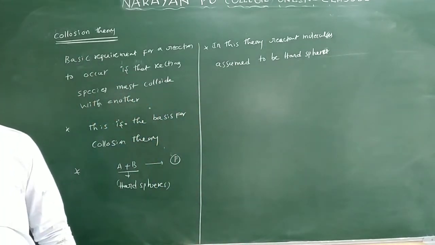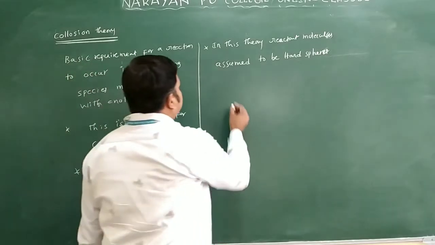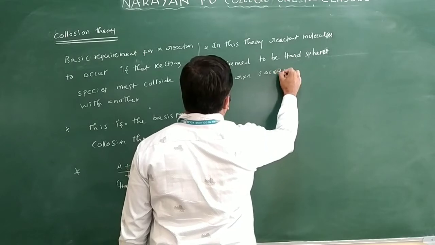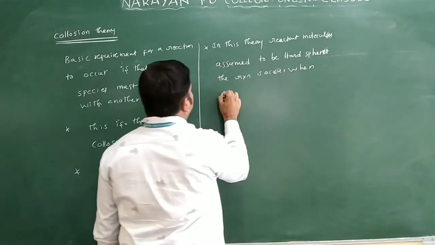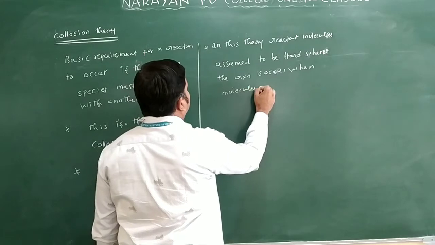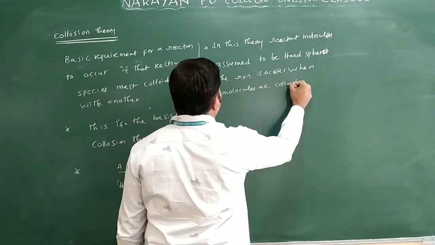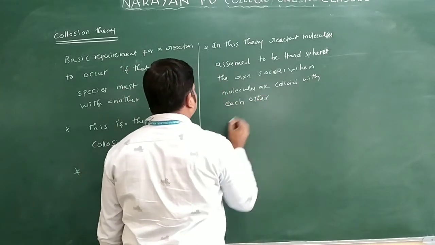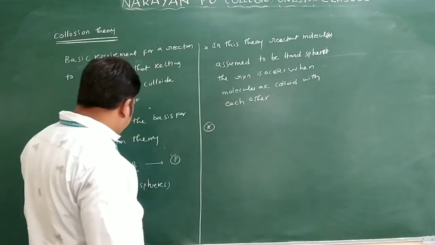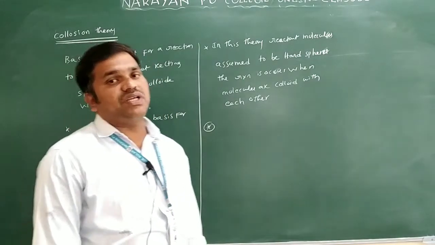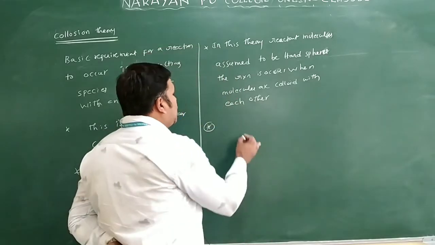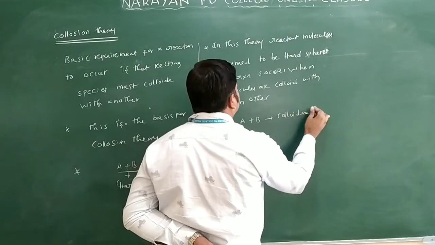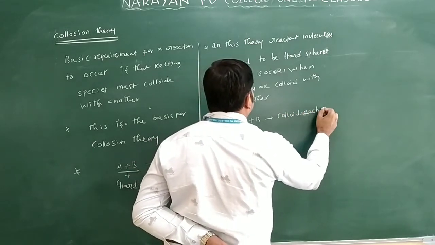The chemical reaction occurs when the molecules collide with each other. Here A is there, B is there, and A and B molecules collide with each other. Clear? Suppose they undergo collision with each other.